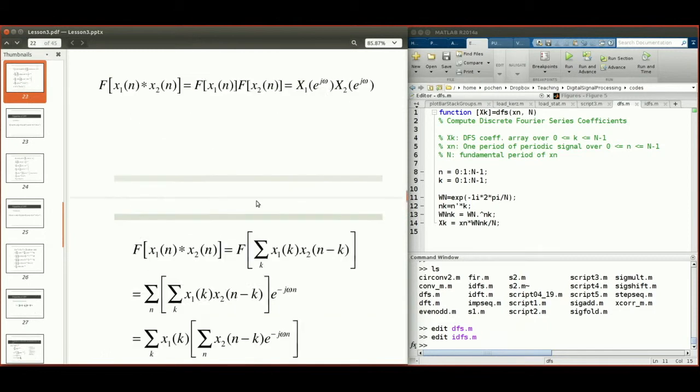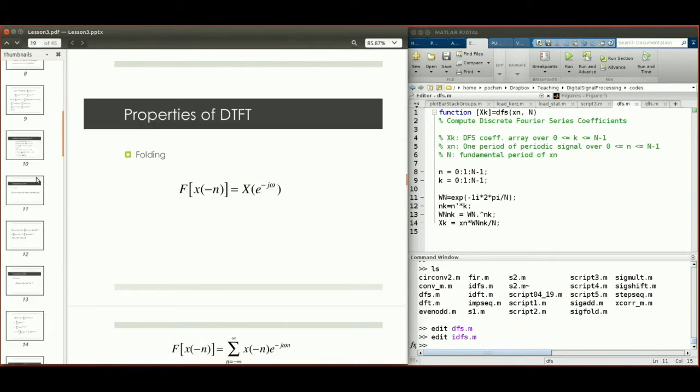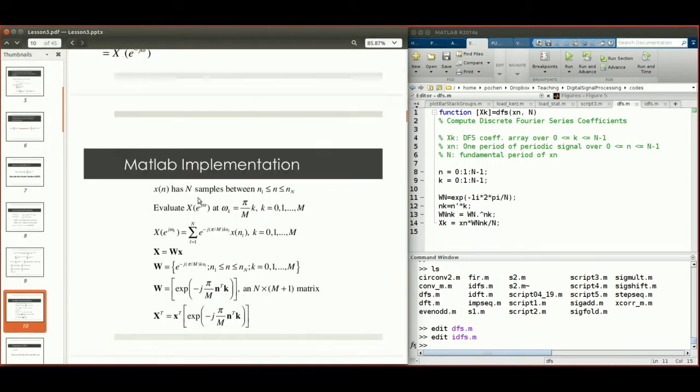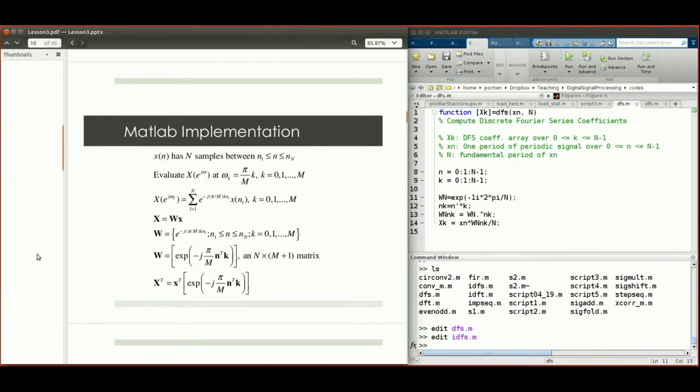On one of the slides I listed the Matlab implementation, how we can actually implement it. At that time, we were not specific about the frequency sampling, but now we are specific about it. But the idea is pretty much the same. The algorithm is implemented using a similar idea.